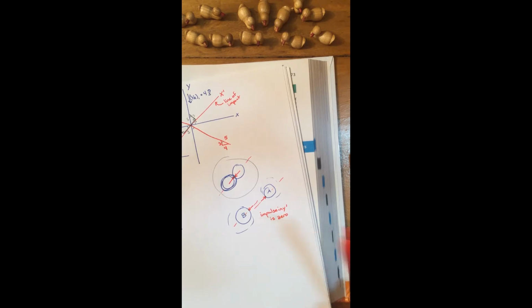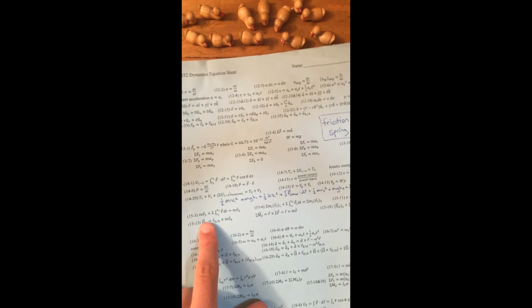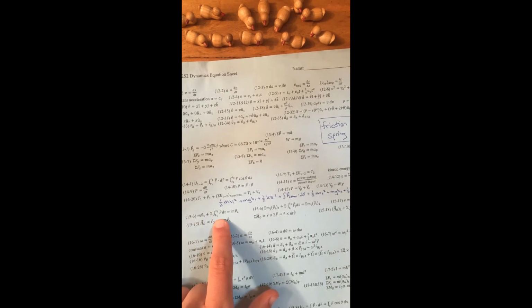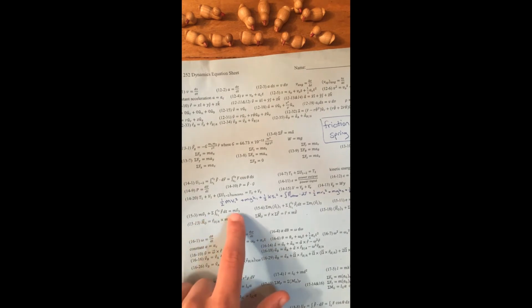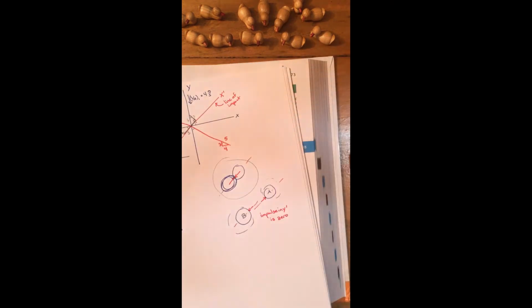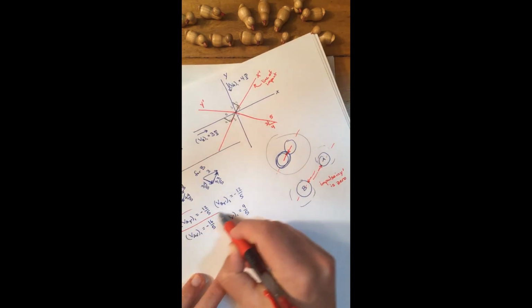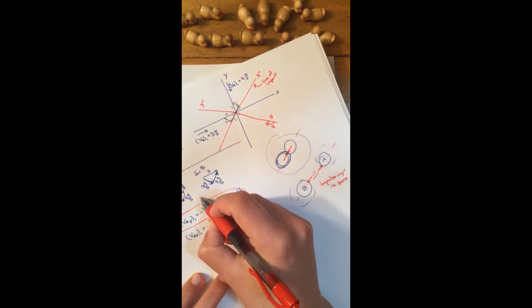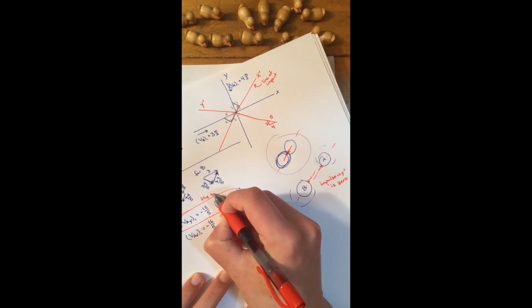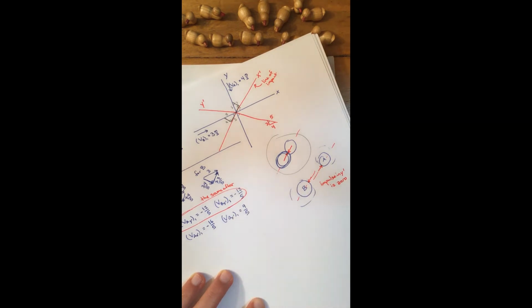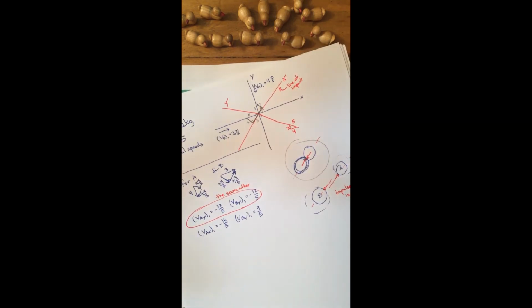If there's no impulse in the y prime direction, using our equation for conservation of momentum for just one puck in the y prime direction, the mass times the velocity before is equal to the mass times the velocity afterwards, which means that the y prime components of the velocity are the same after the collision because there's no impulse in the y prime direction.